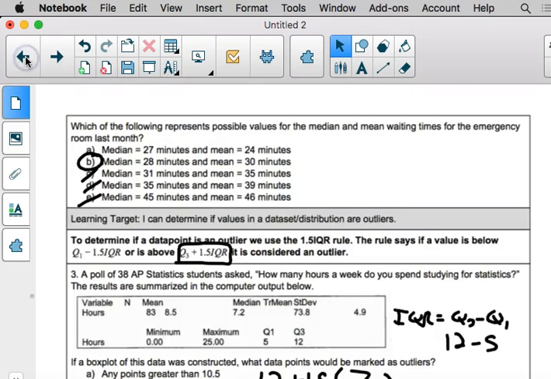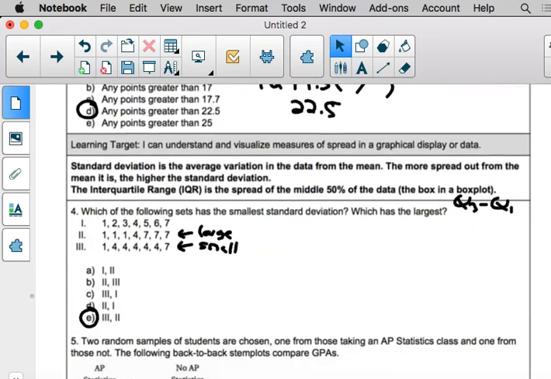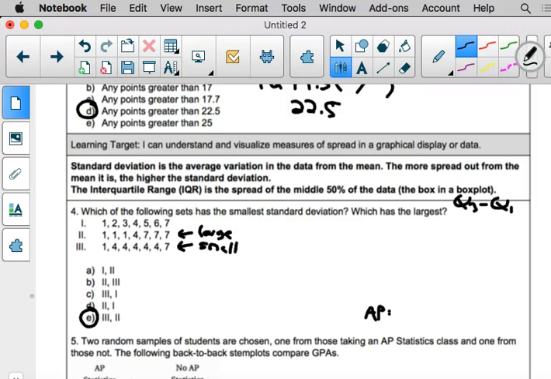Well, range is pretty easy. Range is simply the biggest value minus the lowest value. So for AP, the range would be 4.0 minus 2.3, correct?